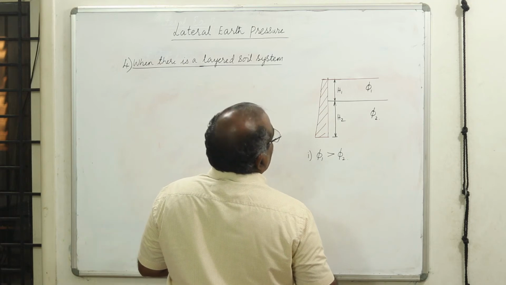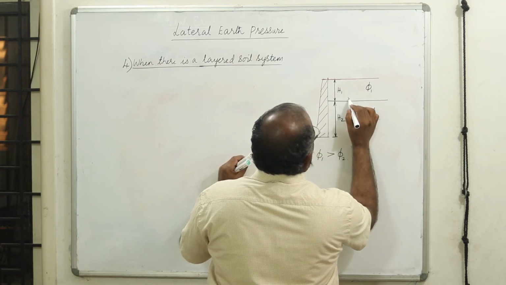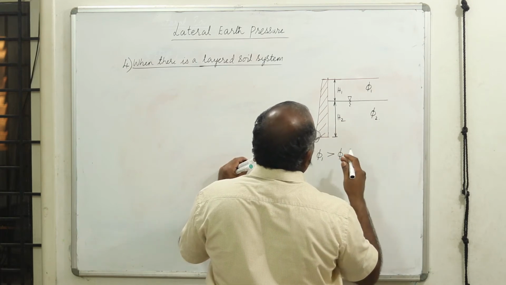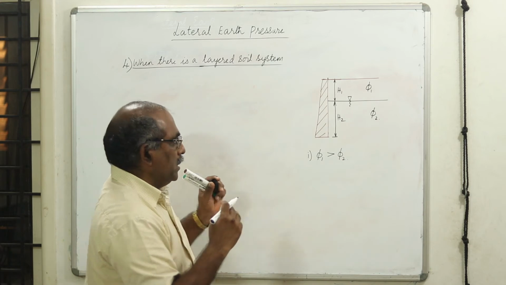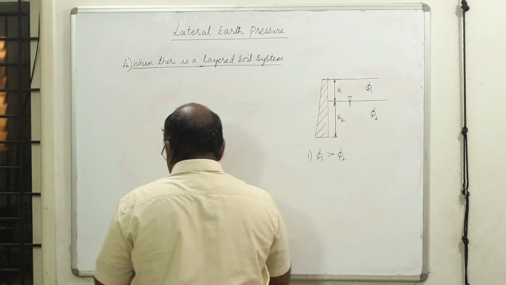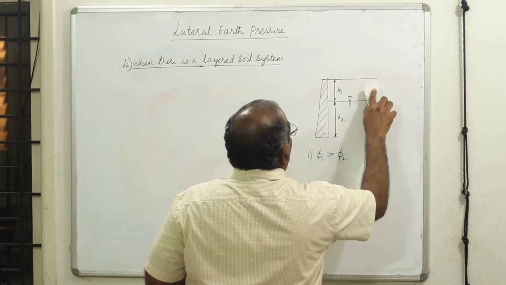When is that situation coming? In case you got a submerged condition, say this is submerged, this phi and this phi may be different, or you may have actually 2 different layers. Now let us take what is going to happen to this kind of soil at the interface.